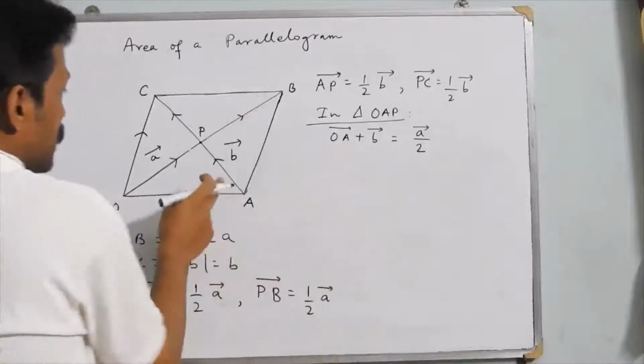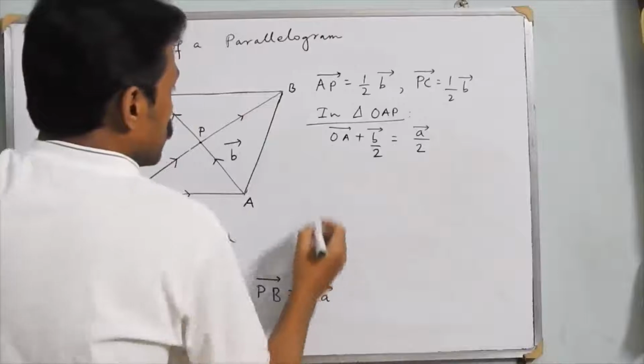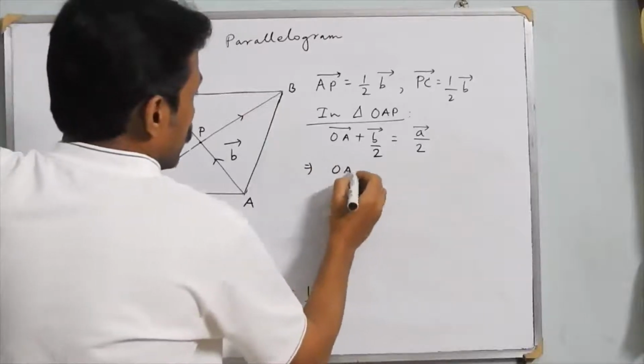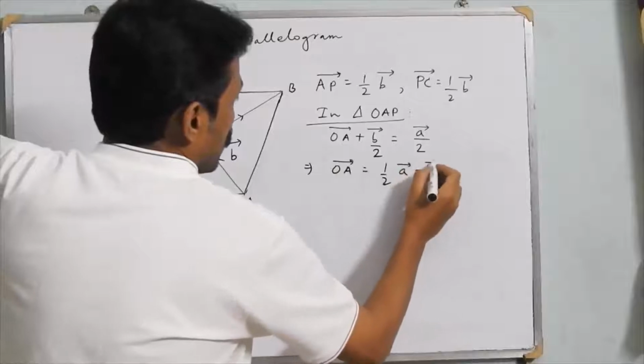AP vector is B by 2. So OA vector is half of A vector minus B vector.